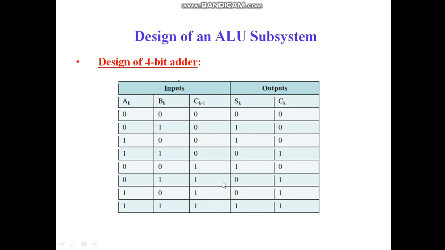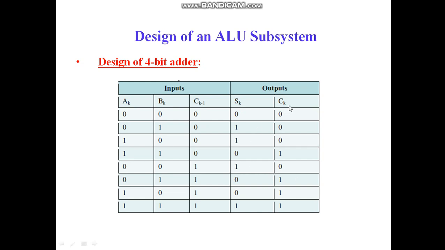And when AK is 1, BK is 0, SK is 0, CK minus 1 is 1. So here we can see that when AK and BK are different, SK is the complement of CK minus 1. So we can conclude that when AK and BK are same, SK is same as CK minus 1, and when AK and BK are different, SK is equal to CK minus 1 bar.